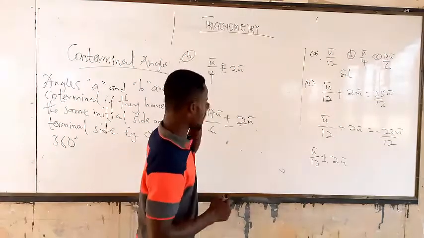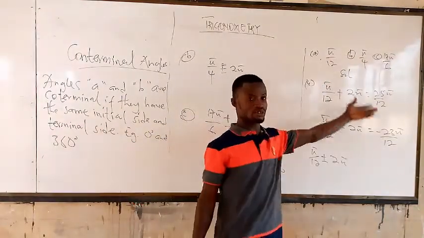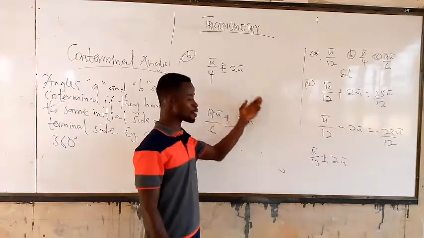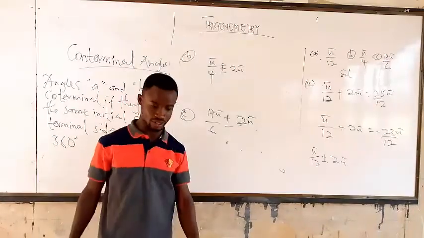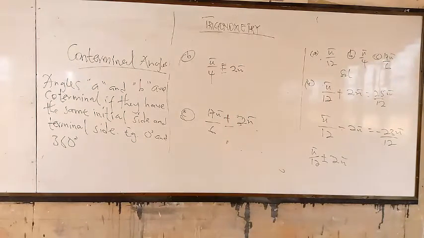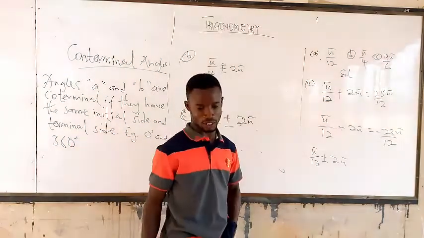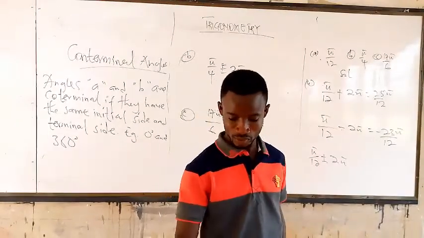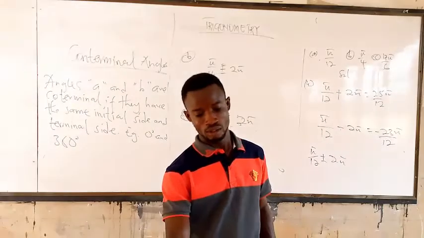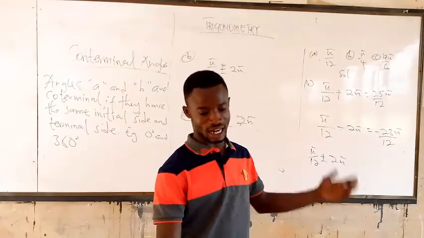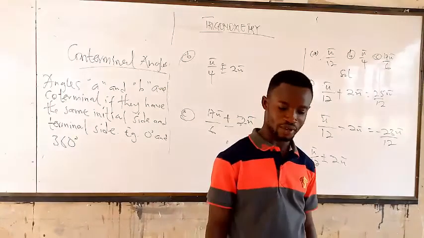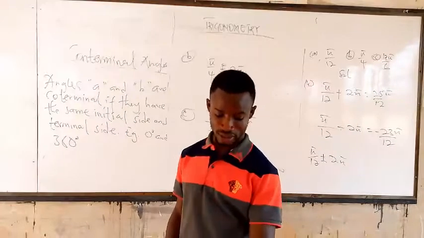But bear in mind that if it's given in degrees, make sure you don't use 2 pi, but rather use 360 degrees. So you can now compute it and go your way.